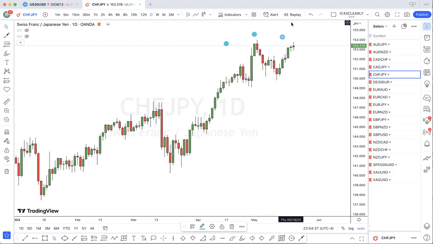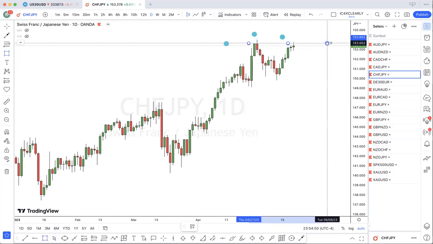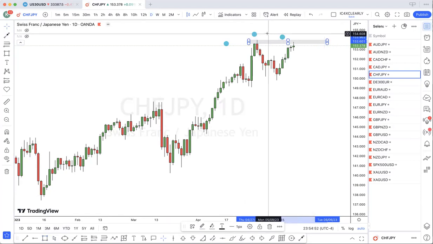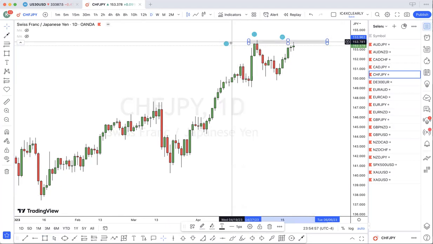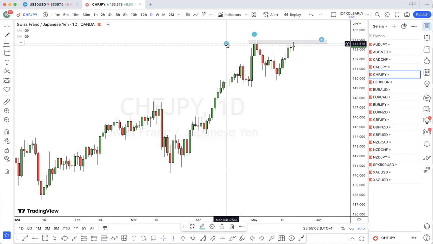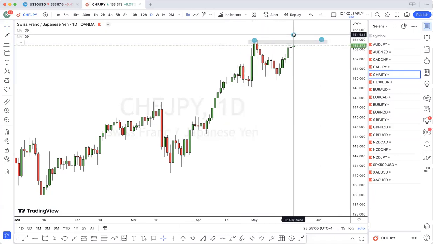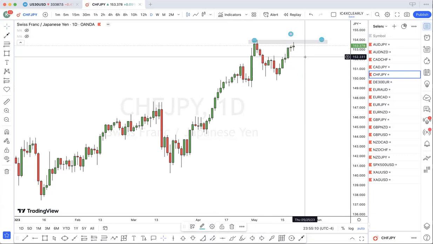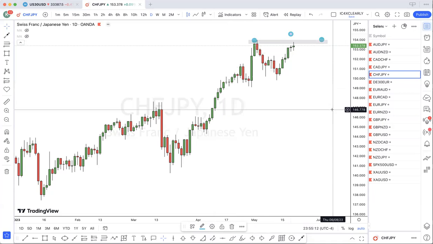So yeah, I would just wait to see. Maybe if this is the swing high, it shouldn't wick this high. If it does, then this might be the swing high. This may wick, pull back, come here, and then drop.